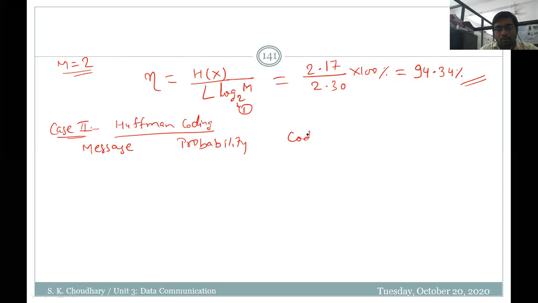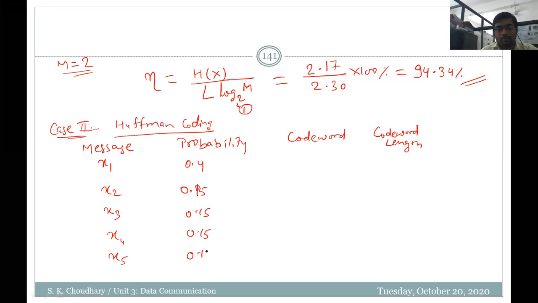Probability, code word and code word length are the essential parts of this table: x1, x2, x3, x4, x5, with 0.4, 0.15, 0.15, 0.15, 0.15. What the code would become, we will come to later.